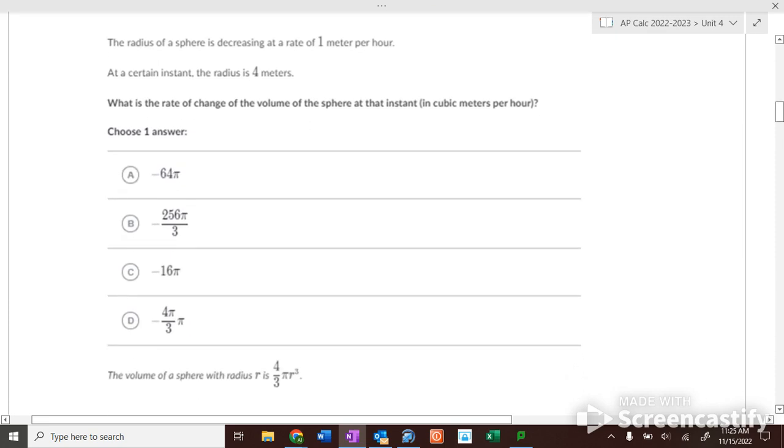The radius of a sphere is decreasing at a rate of 1 meter per hour. At a certain instant, the radius is 4 meters. What is the rate of change of the volume? Well, the volume of a sphere is 4/3 pi r cubed. The first derivative of it is dV/dt equals 3 times 4/3, which is 4 pi r squared dr/dt.